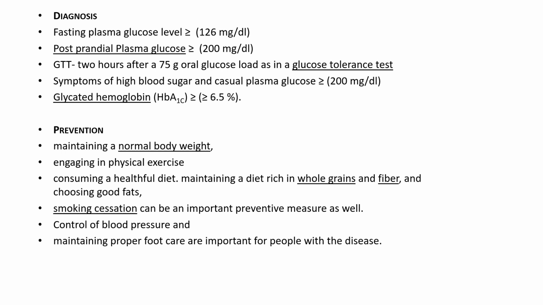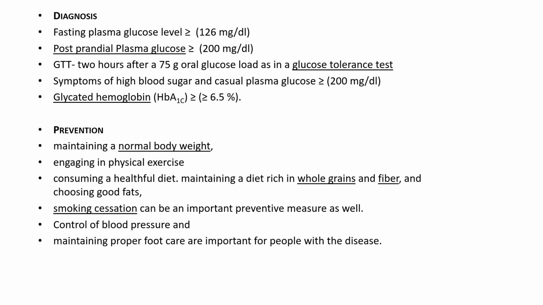So 2 hours after 75 gram oral glucose load. The symptoms of high blood sugar and casual plasma glucose more than 200 milligram, or glycosylated hemoglobin, that is HbA1c, if it is more than 6.5%. So any of the criteria can diagnose diabetes mellitus.